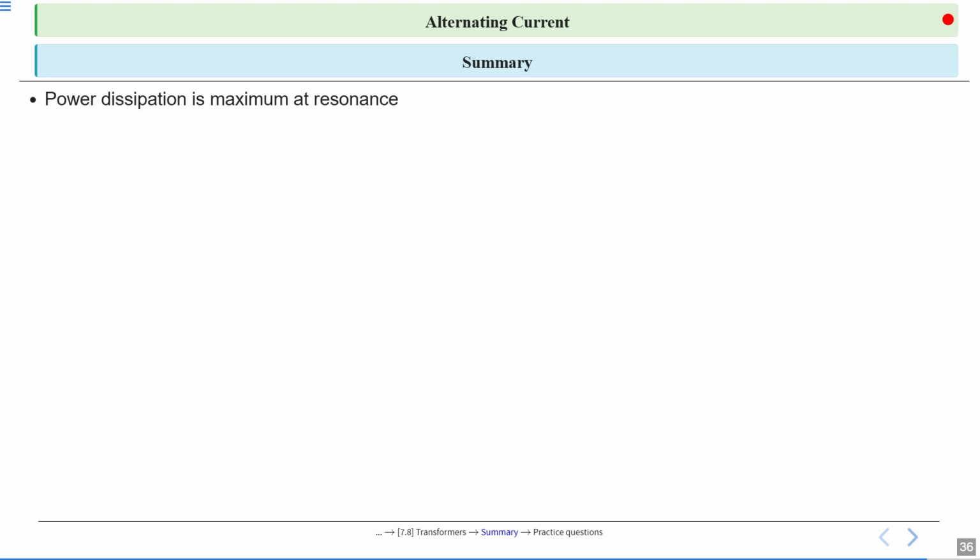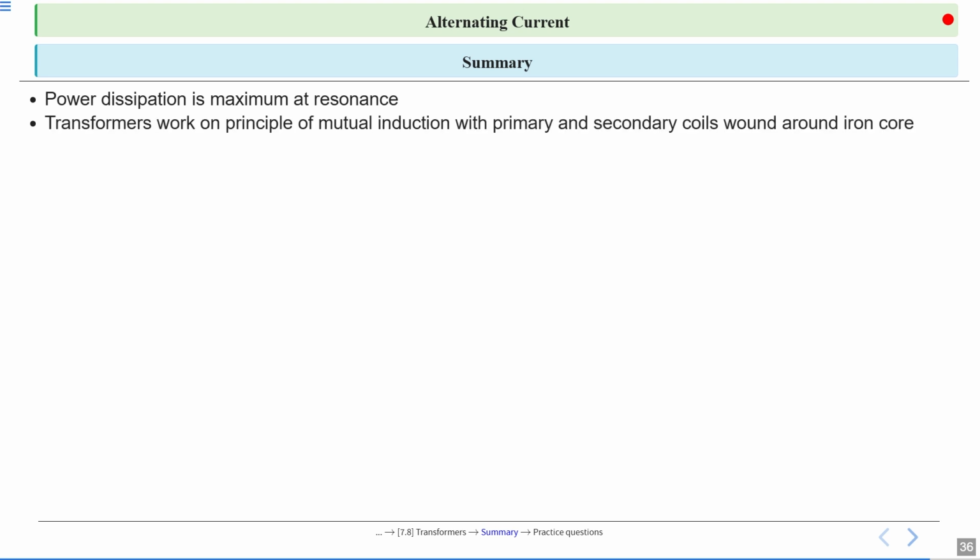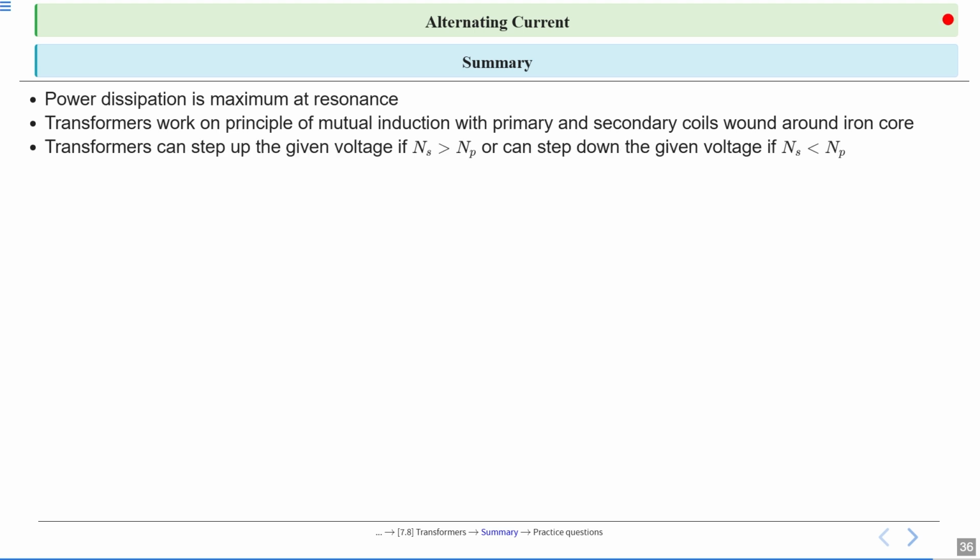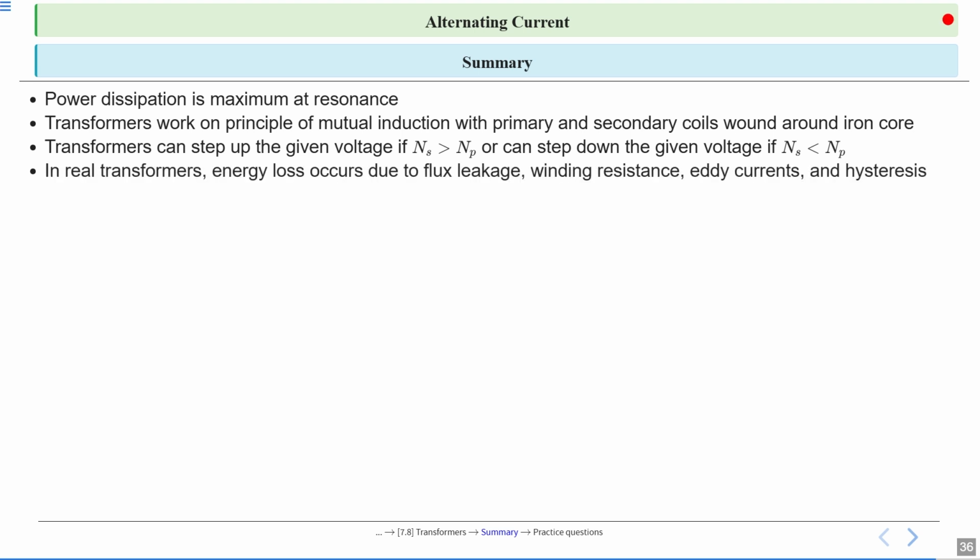So this is the summary. Power dissipation is maximum at resonance. Transformers work on the principle of mutual inductance, and can step up voltage if Ns is greater than Np, and step down if Ns is less than Np. In real transformers, energy loss occurs due to flux leakage, winding resistance, eddy currents, and hysteresis.